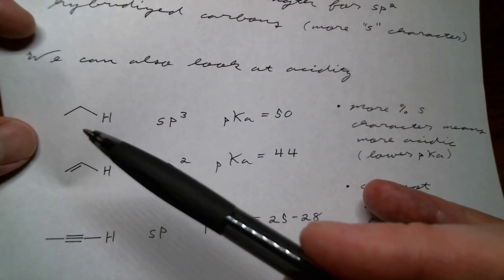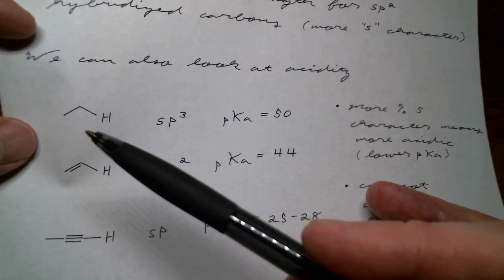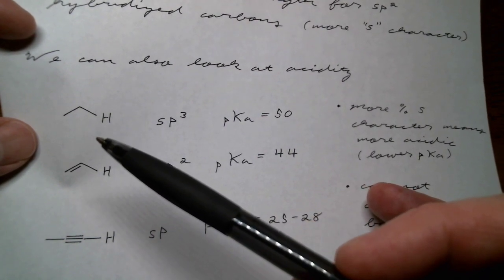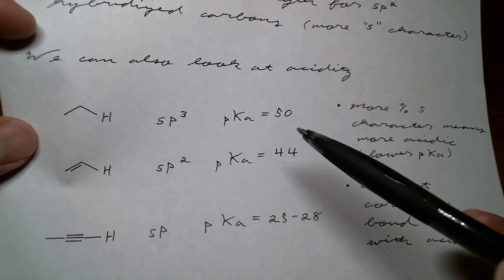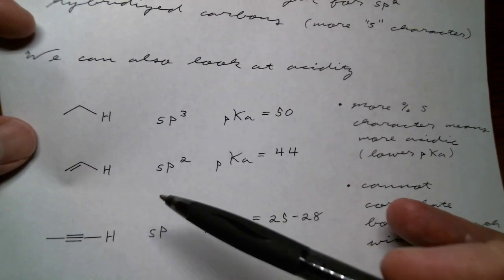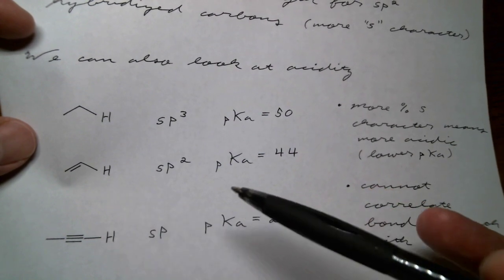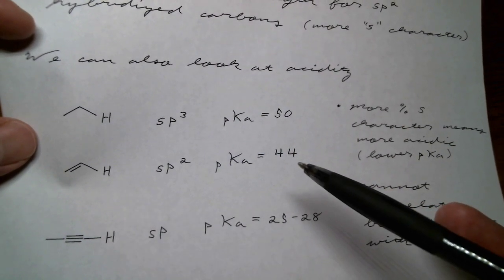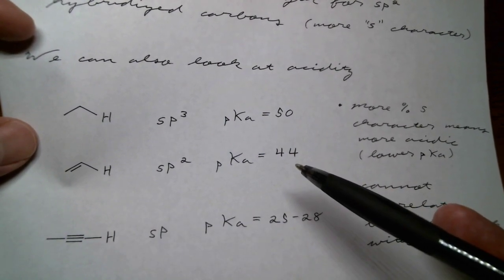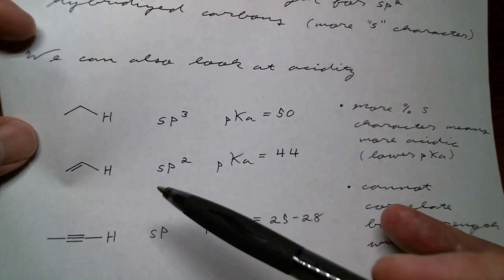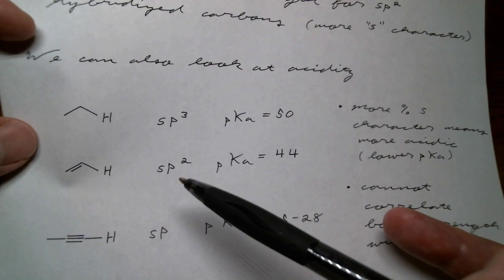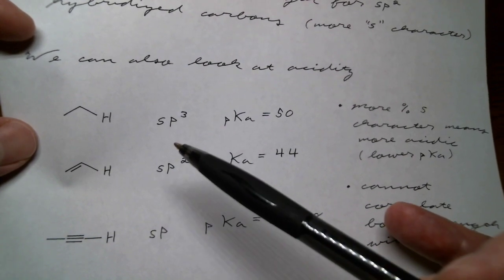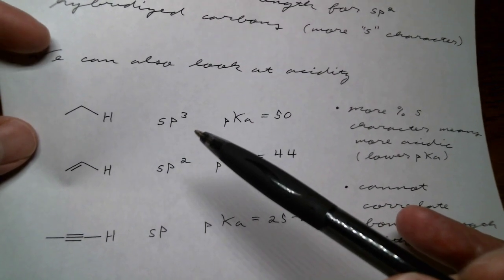That means the conjugate base, our carbanion that would be produced if we removed a proton, is fairly basic. How about an sp2 hybridized carbon? Well, 6 orders of magnitude more acidic. It's got a pKa of 44. So it's actually easier to place a pair of electrons in an sp2 hybrid. It's lower in energy than an sp3 hybrid. That kind of makes sense.